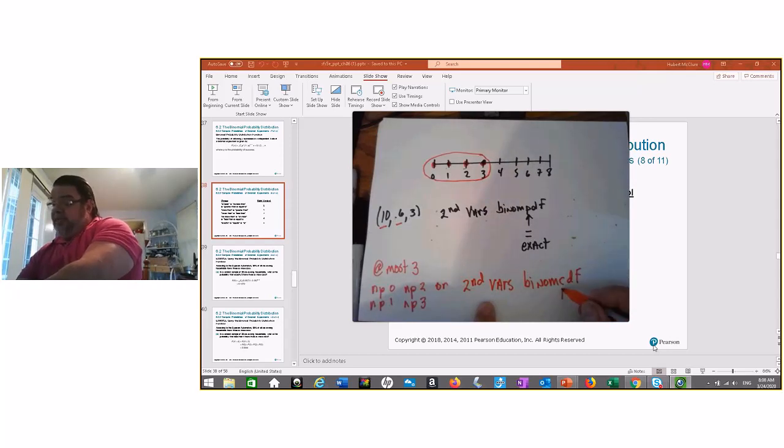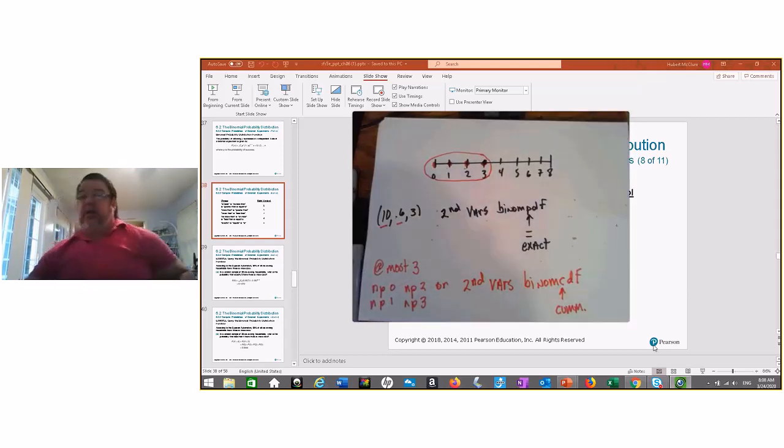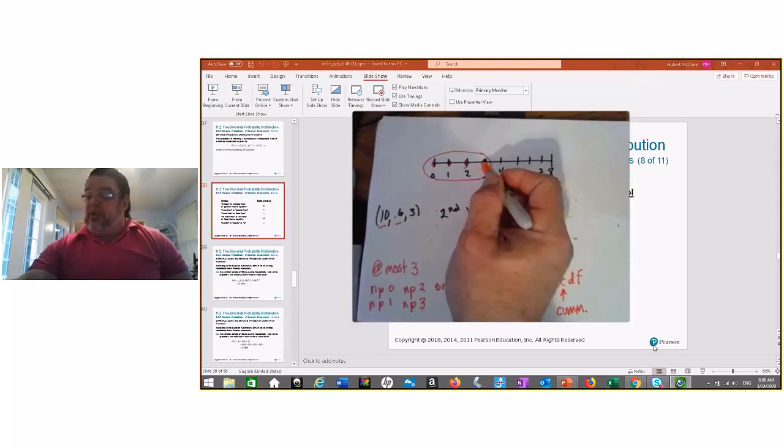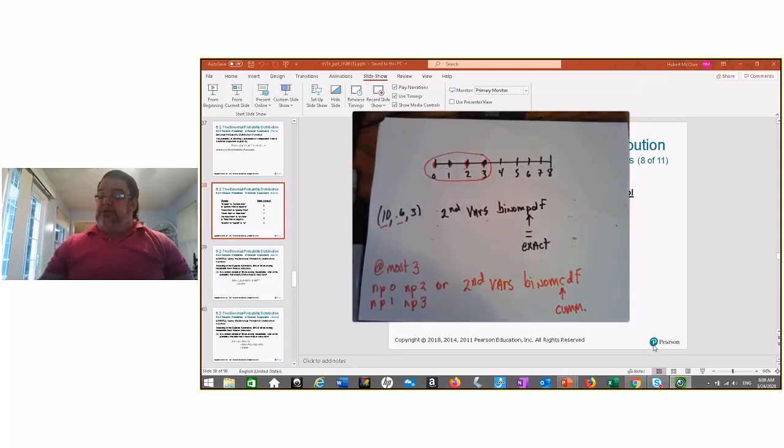What does the C stand for? Cumulative, meaning that if you type in NP3 on binomial CDF, it's going to do everything to the left of 3 down to 0. And that's what you use the CDF for.